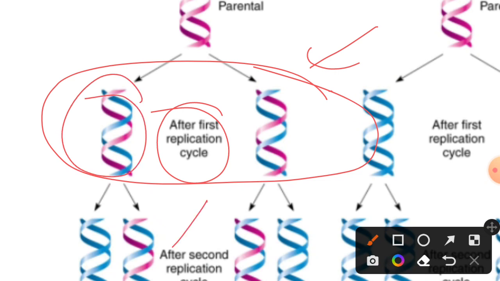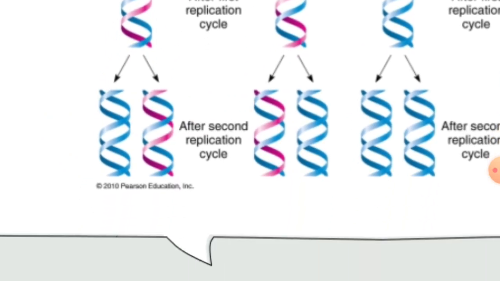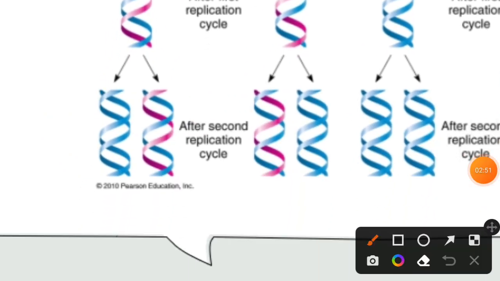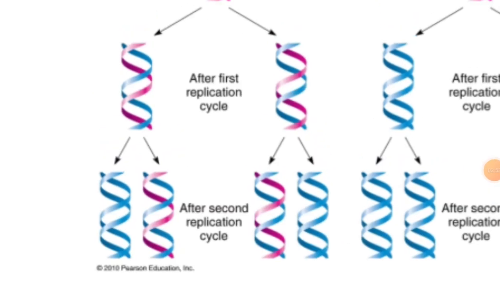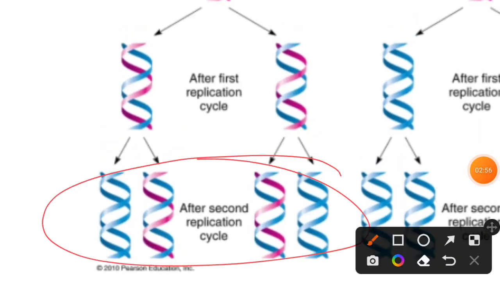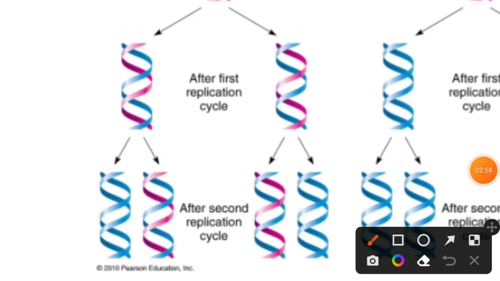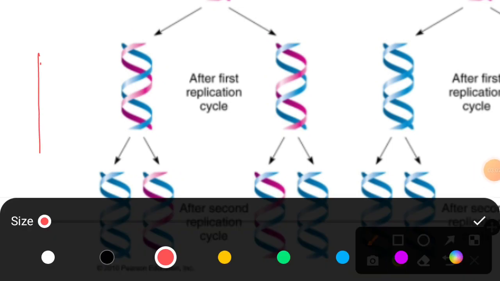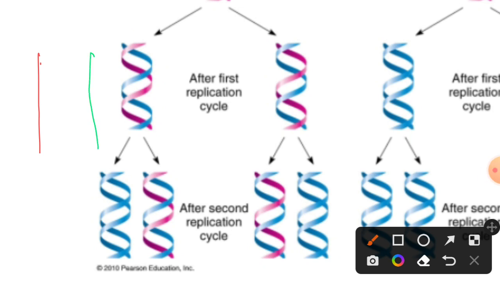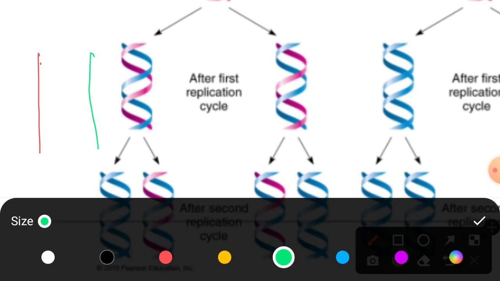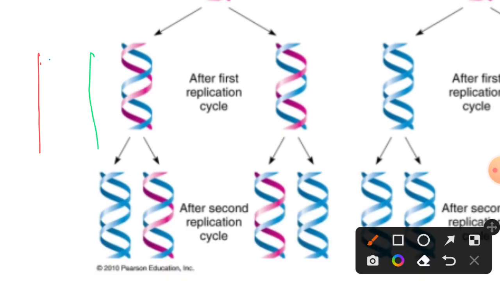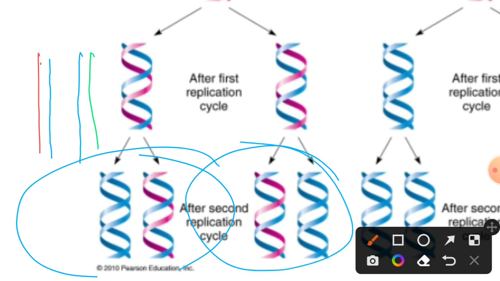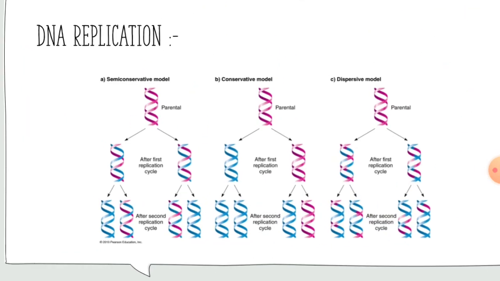Similarly, after the second replication cycle, you will get four strands, and in each case the parental strand and the newly synthesized strand will separate, and on the basis of that a new strand will be synthesized. That is the concept of the semi-conservative model.